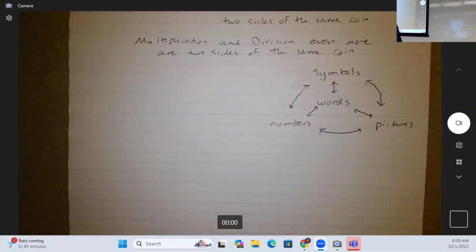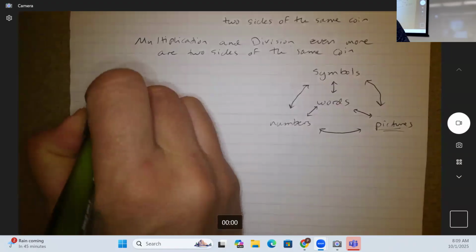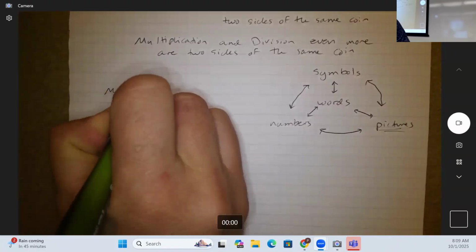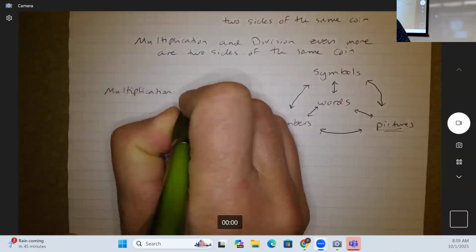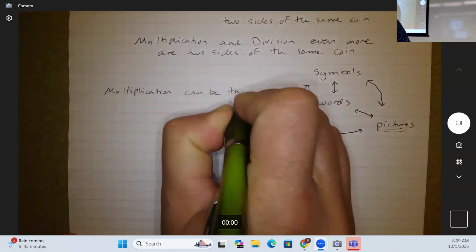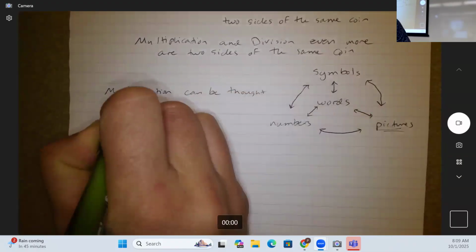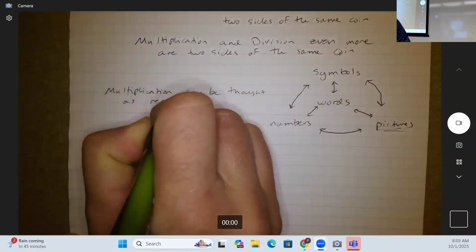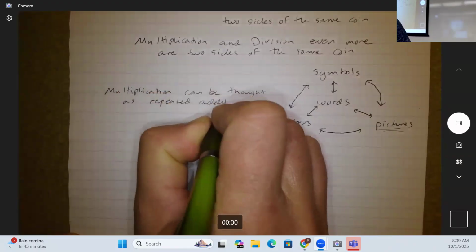And how we can move from one to the other. I really like the picture approach for a review of multiplication and a review of division. Multiplication can be thought of as repeated addition.